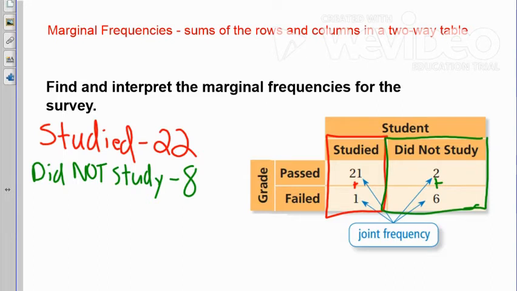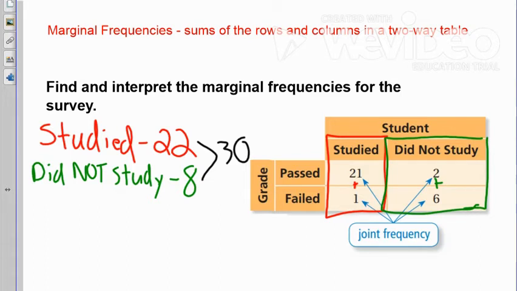Because we know that the combination of these two, it's 30 students. That's how many total there should be. The sum of the same question or the same response that you're finding the marginal frequencies for gives you the total number of students that are in the class, or the number of source data that you have. Because we have studied in red and did not study in green, the sum of those would equal 30.